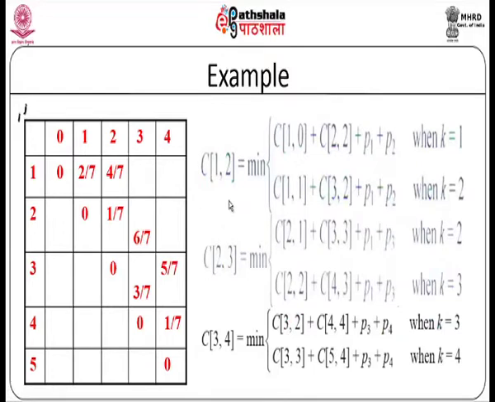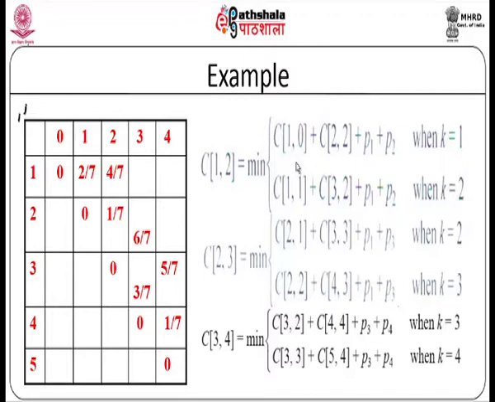Using that we are going to find out this particular entry. You can see exactly how it is happening. It is going to be application of the recursive function, which we have seen already. It is going to be C of 1 comma 0 plus C of 2 comma 2, then we have the summation of P m, where m ranges from 1 to n.